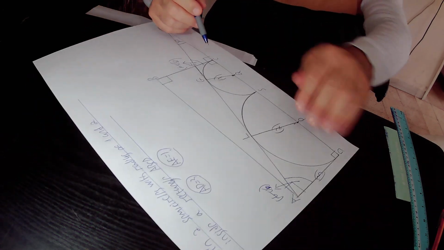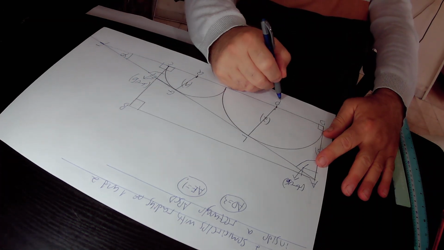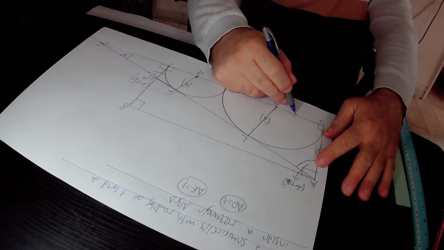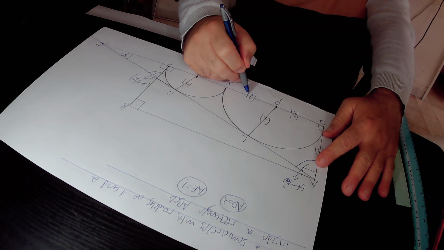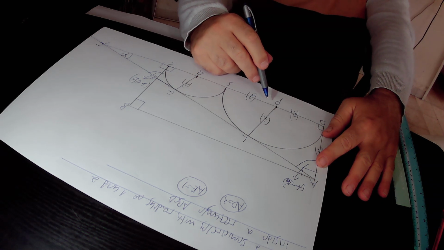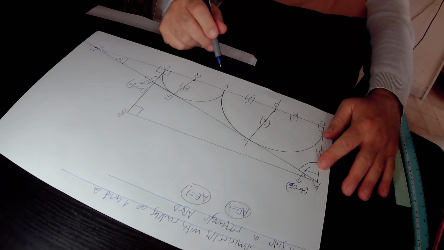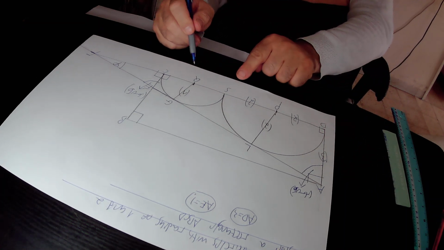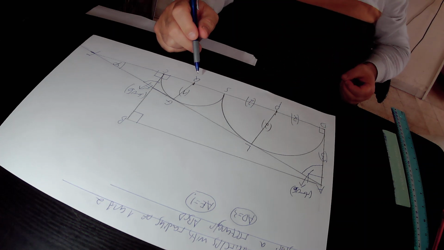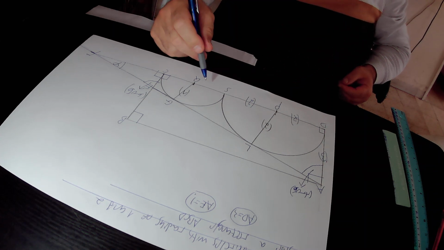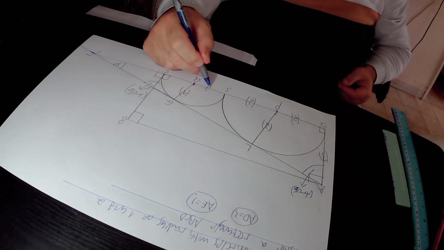So I want to know: PD equals PS equals 2, they are both the radius of this big semicircle, that equals 2 units. Likewise, QS equals QC equals 1, they are both the radius of the small semicircle, that equals 1 unit in its length.